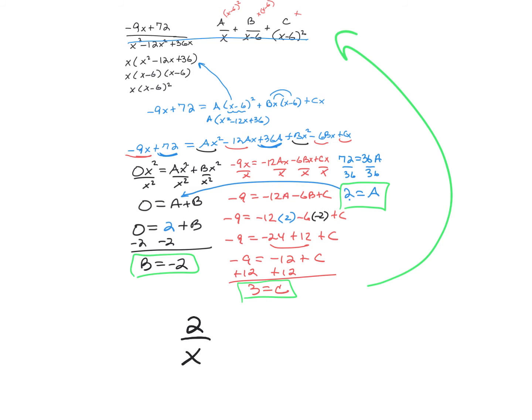My b is negative 2. Now, instead of putting negative and a plus sign, because it's negative, I'm just going to make it a subtraction. And then lastly, the c, which is 3 over, did I write the wrong number? No, that's right. Minus 6 squared. And I'm done.